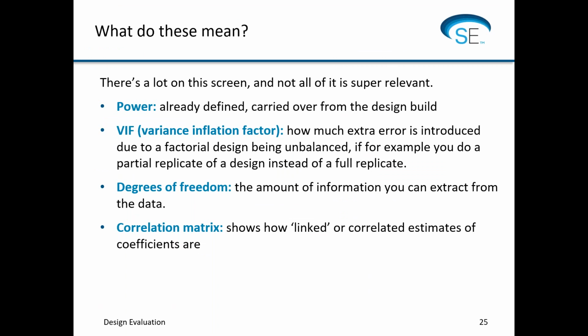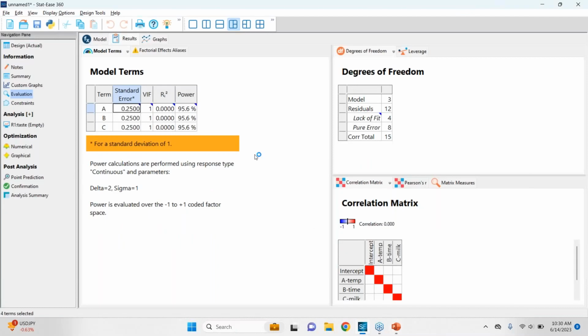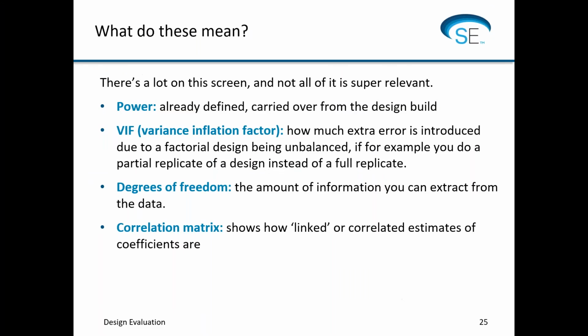Now, to be blunt, a lot of these are not super relevant, especially for factorial designs. Power is already defined and it's actually carried over from the design build. So you're going to see the exact same numbers as you did when you were building the design. We always get questions, well, what's this VIF, variance inflation factor?